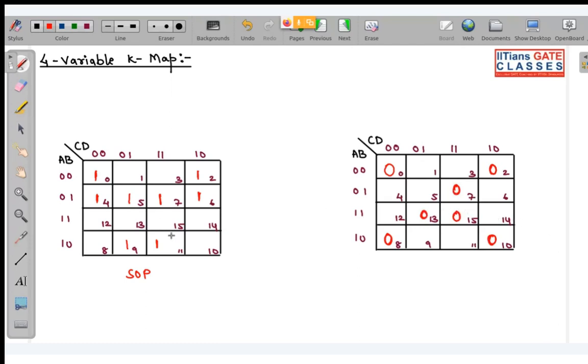This is not equivalent, okay? I have taken two different SOP and POS, because you can see all the places which are vacant are not filled with 0. So this is a different expression.